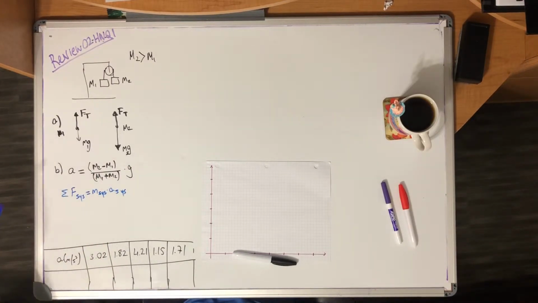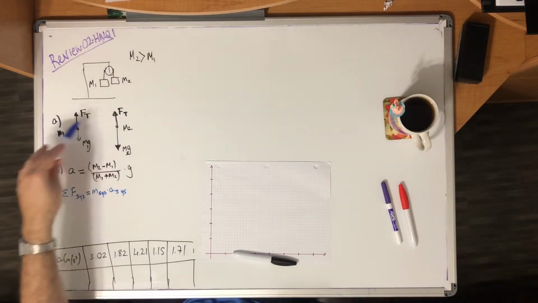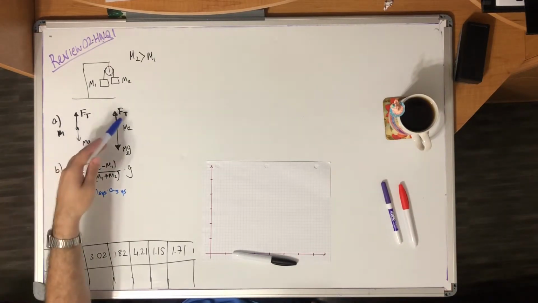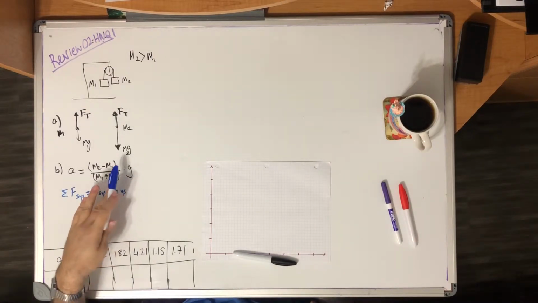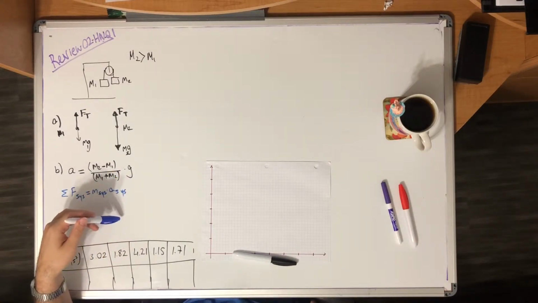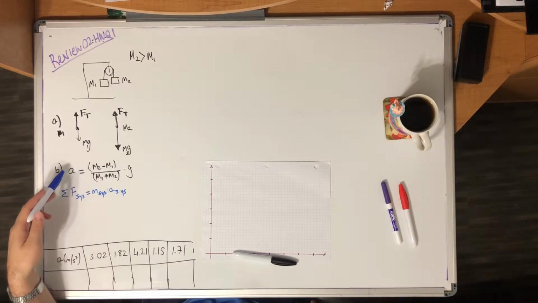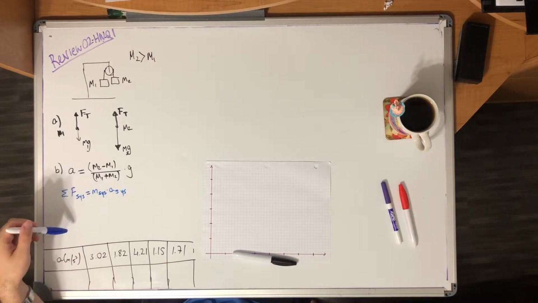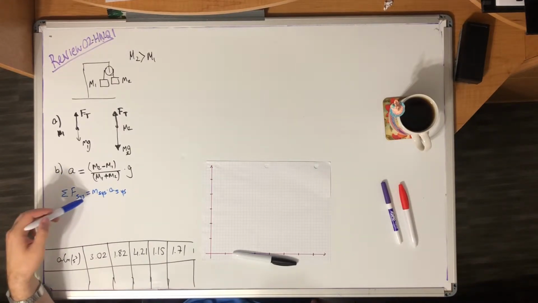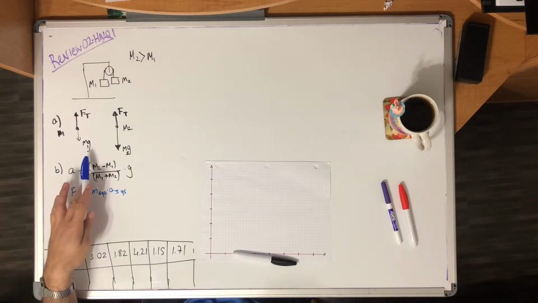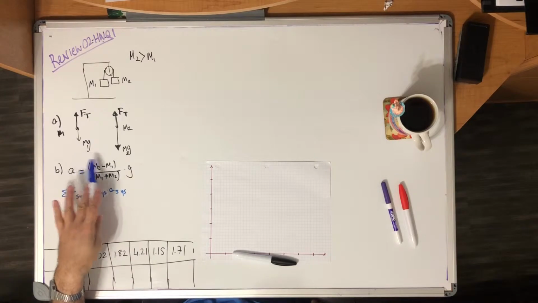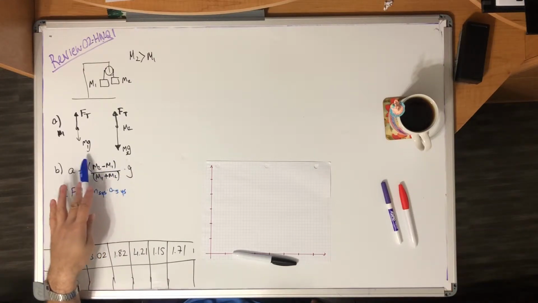And when you think about this, Ft is the internal force, so Ft is not going to have any effect in the system. M2g will be trying to pull it down on the right side, and M1g will be trying to pull it down on the other side. So if you think about the total force of the system, it's going to be either the sum of those or the difference of those.